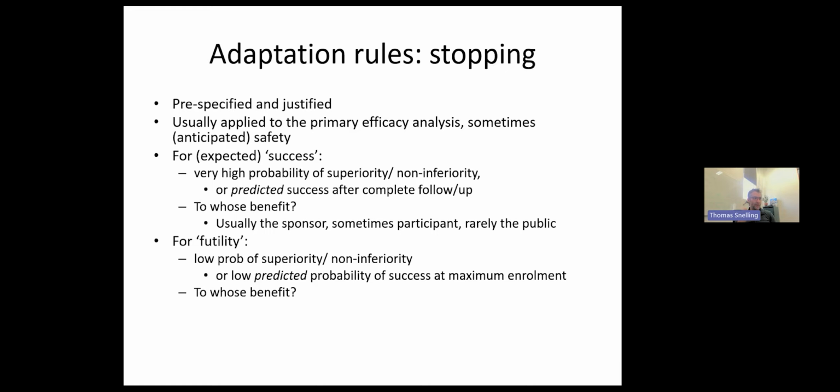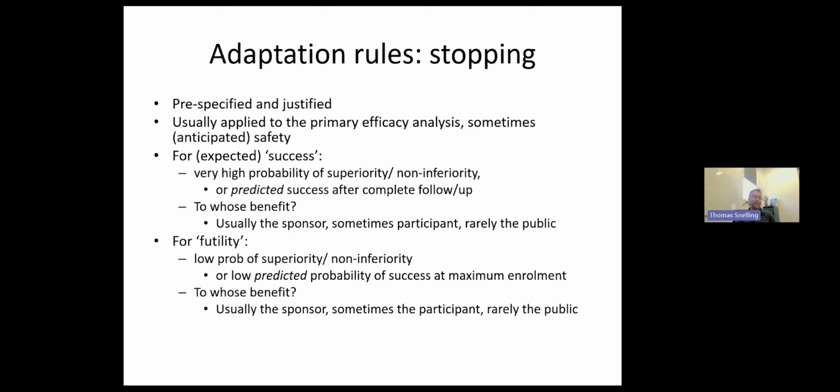Again, who benefits from stopping early for futility? Usually the sponsor or the investigators will benefit, because they will not be investing effort and money into a trial that will ultimately prove futile. Sometimes the participant will benefit if that means they're no longer exposed to a treatment that's unlikely to be effective and may be harmful.